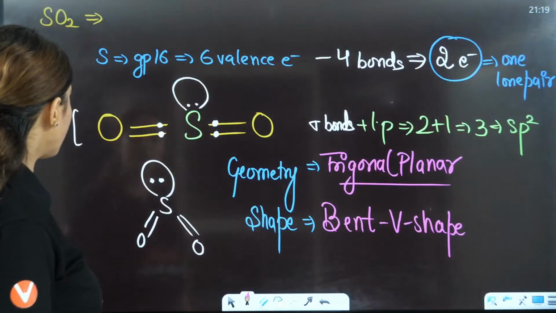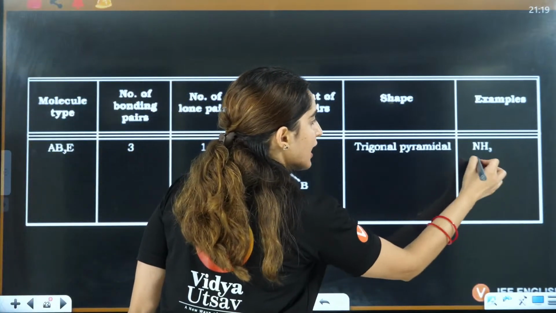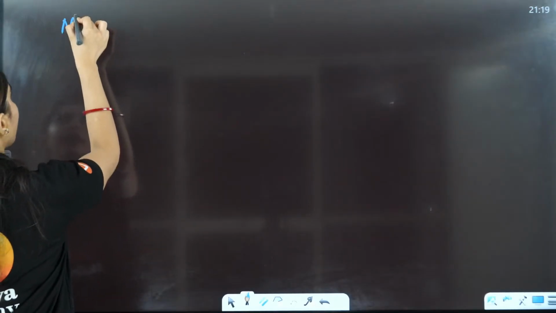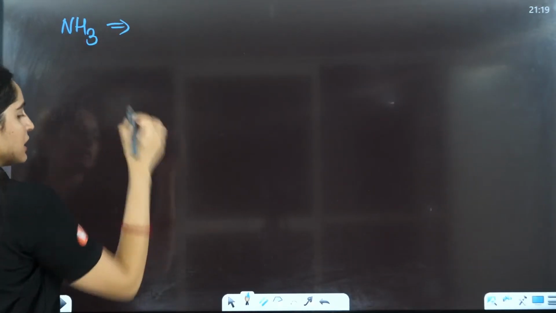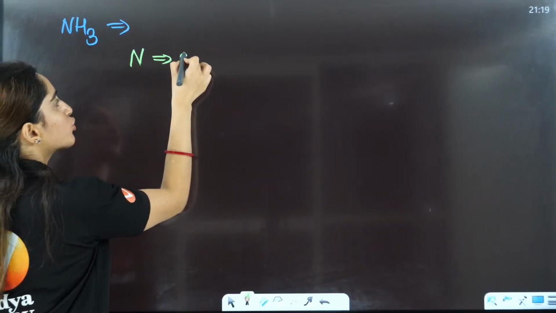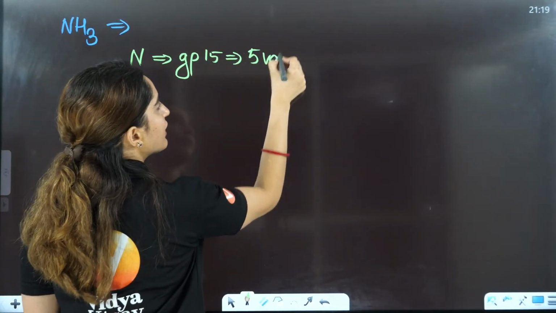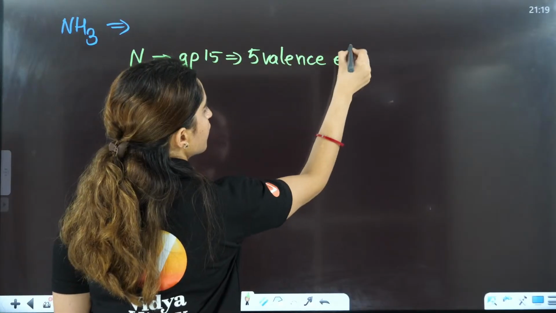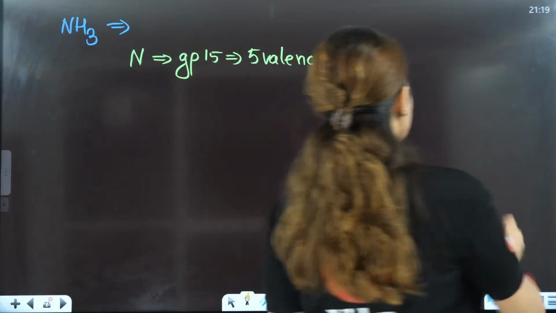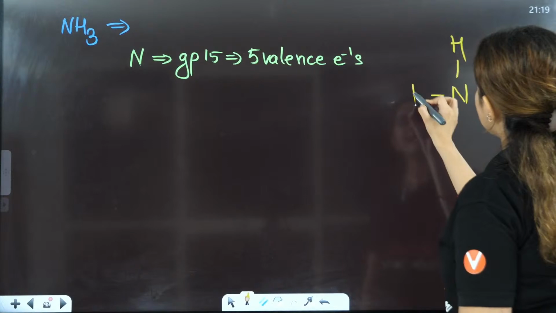Now, let's understand NH3. In NH3, what do you have? Nitrogen belongs to group number 15, so it will have 5 valence electrons. It is NH3, so it is like this.